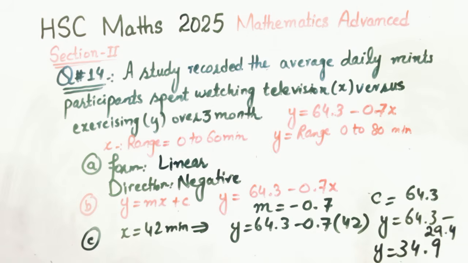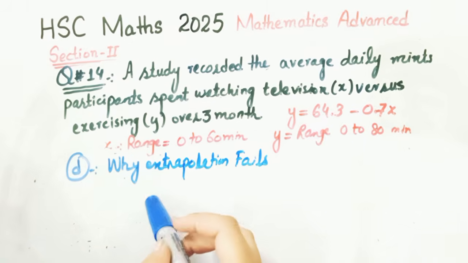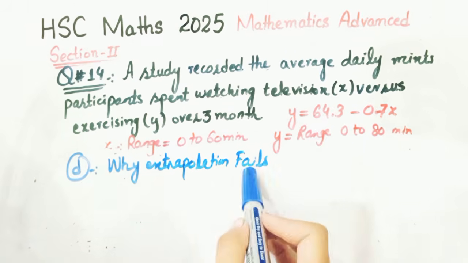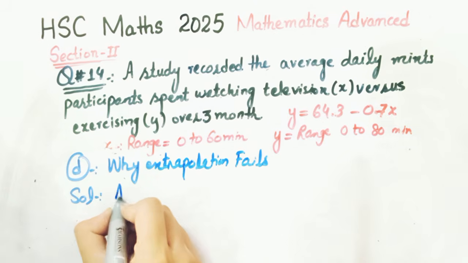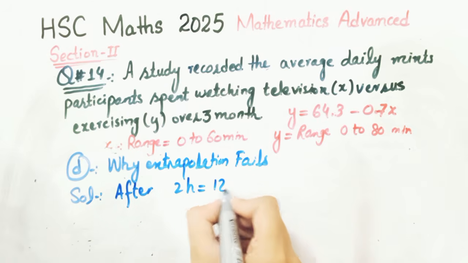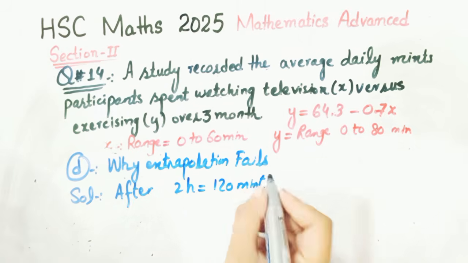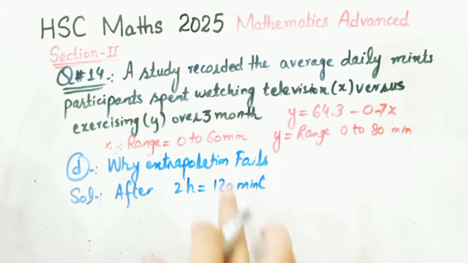Now we will convert the target value to matching units. 2 hours of television means 120 minutes. So we will write this. Now in part D, you have to find out why extrapolation fails. The reason is that 2 hours equals 120 minutes, and the range given for watching TV is 0 to 60 minutes.